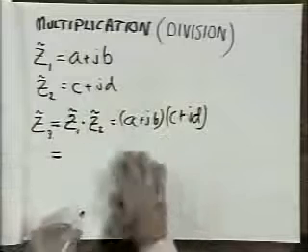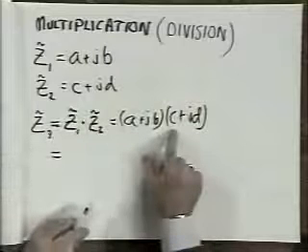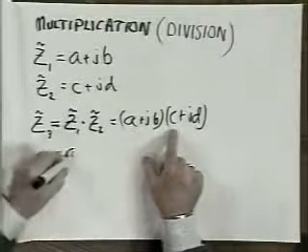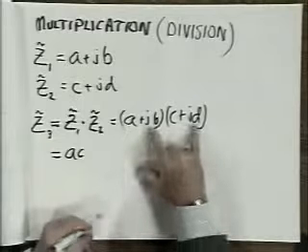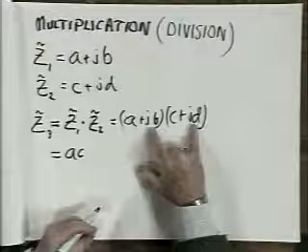And if I do the cross multiplication, I have a times c as a real number. So ac appears in the real part. And if I multiply these two together, j times j is minus 1.